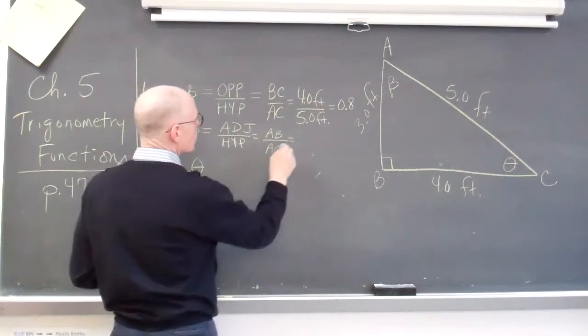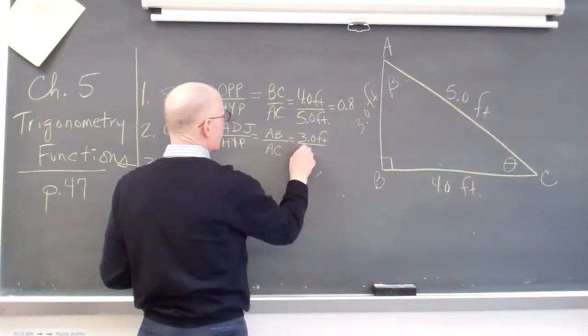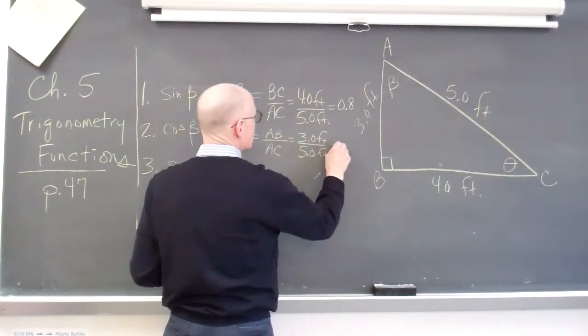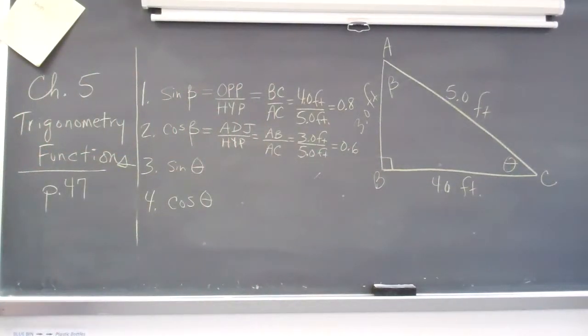So that would be equal to 3 feet divided by 5 feet, or 0.6. We can take a look in the back of the text just to verify that we're on the right track. And that looks correct.